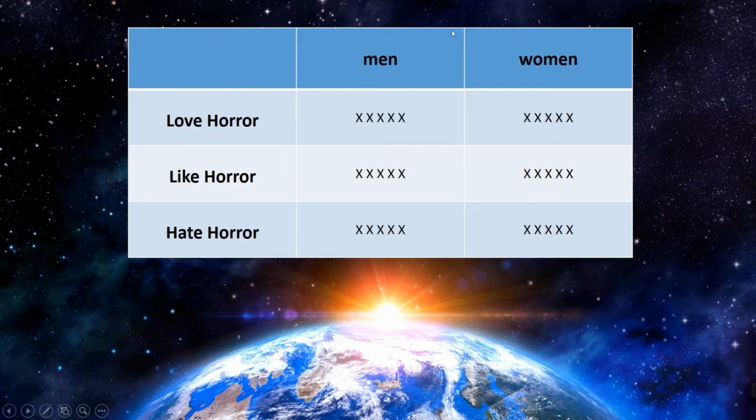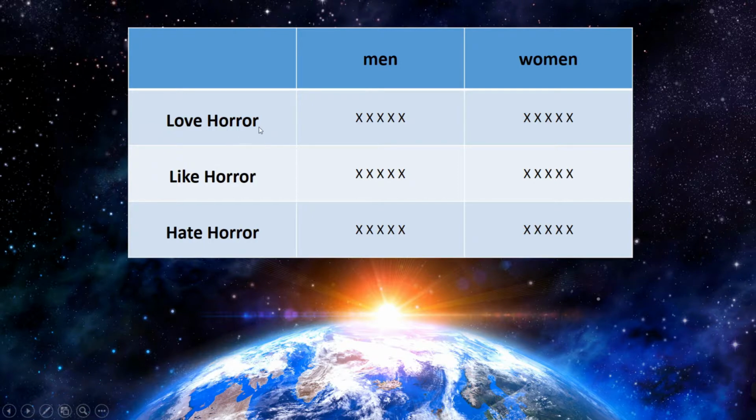We have the sex factor, men, women, and it's between subjects because the people who are in the male group are different from the people who are in the women group, the female group. So that's between subjects. The second factor is the horror movie factor, and we have three levels: love, like, and hate horror movies.